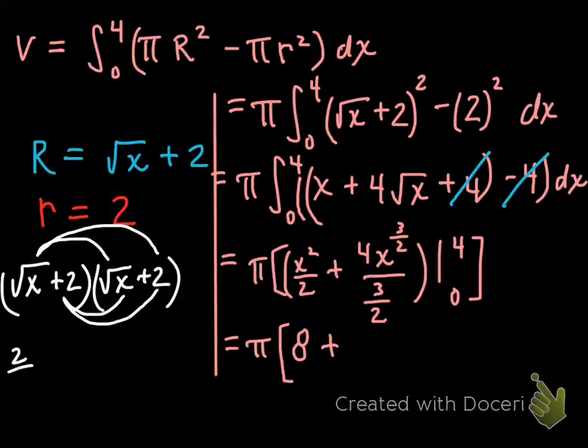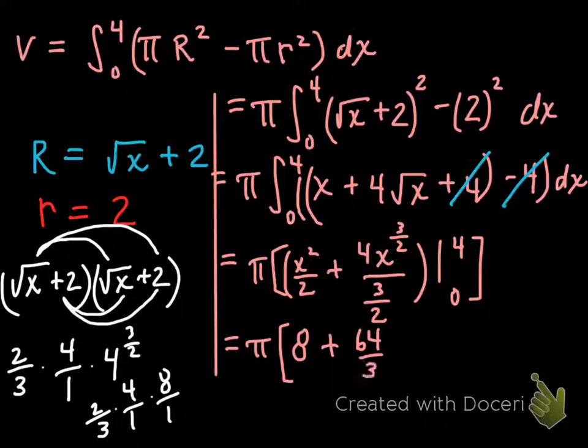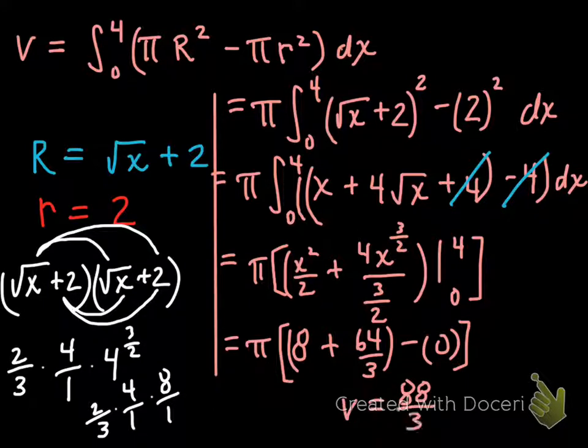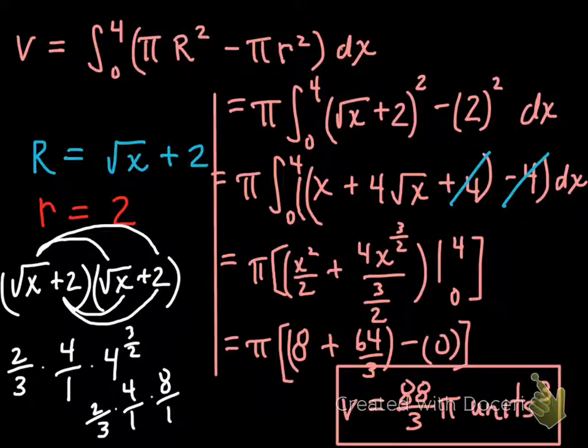Okay, so the math shown here gets you 64 over 3. Continuing, remember you have to subtract when you plug a 0 in for x. And simplifying your final answer gives you a volume of 88 over 3 pi units cubed.